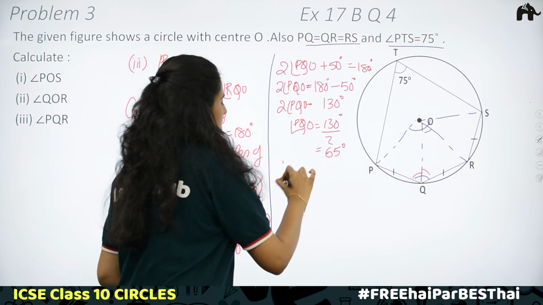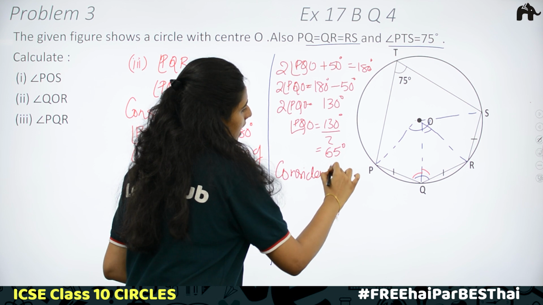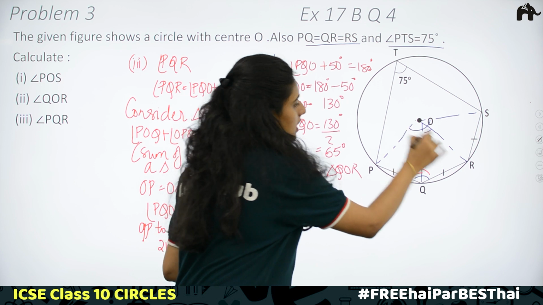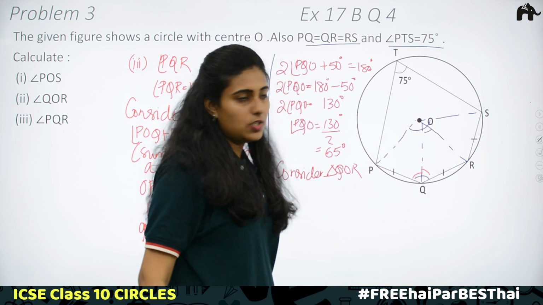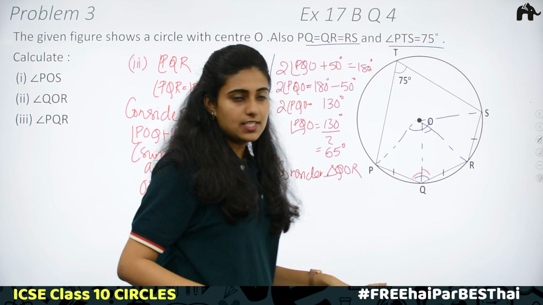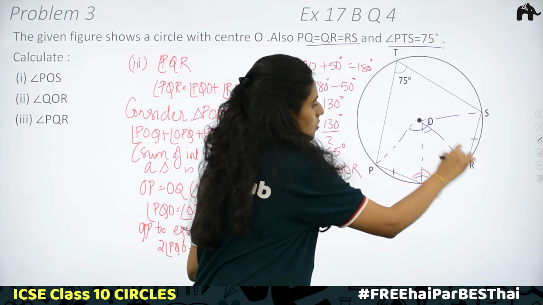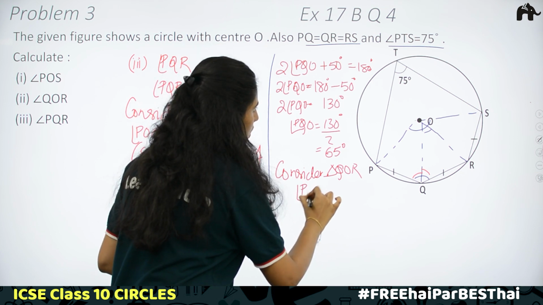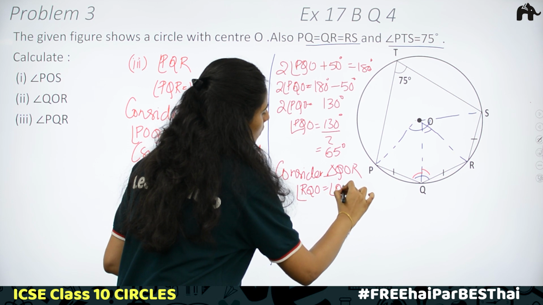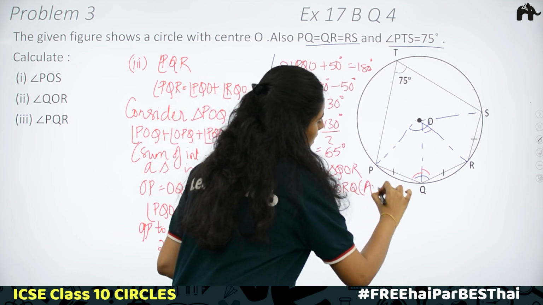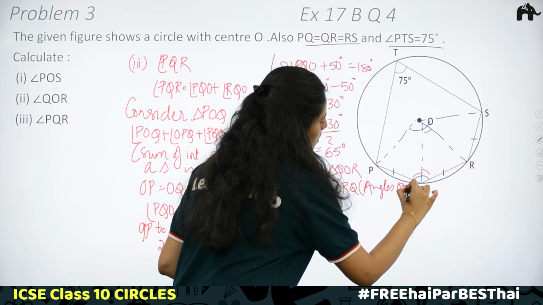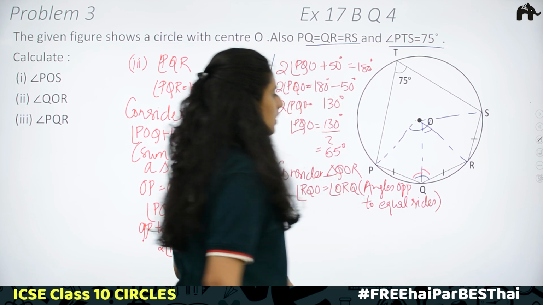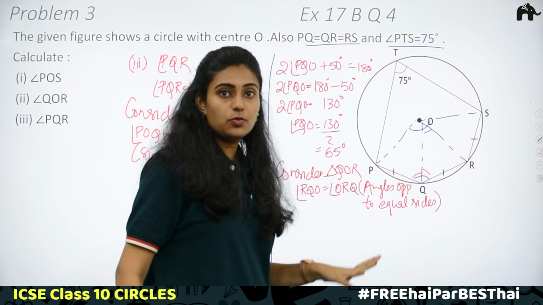Okay. Similarly, when you consider triangle QOR, you will be having sides OQ is equal to OR, therefore angles opposite to equal sides are equal. OQR and ORQ will be equal. That is angle RQO equal to angle ORQ, angles opposite to equal sides. Okay. Then we have determined QOR is equal to 50 degrees.